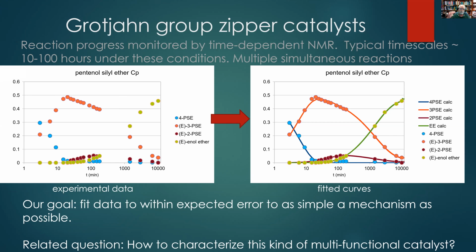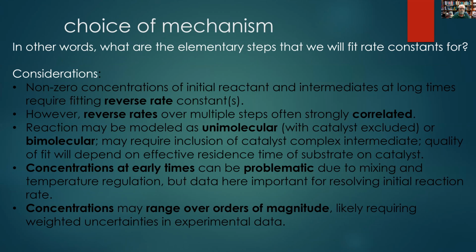You get a relatively large set of coupled first order differential equations, and then all that we're doing is integrating them and solving them. But I did want to mention first that there's a number of things that complicate the analysis here. In a lot of chemistry, we're used to the idea that we can just fit a reactant or product concentration curve like the ones I was just showing you.